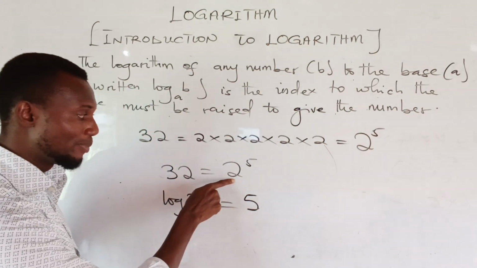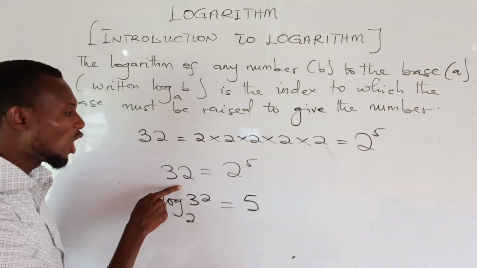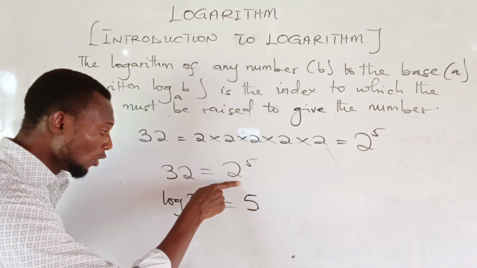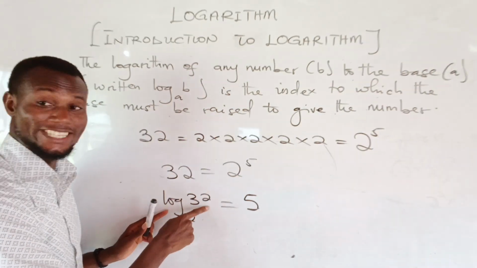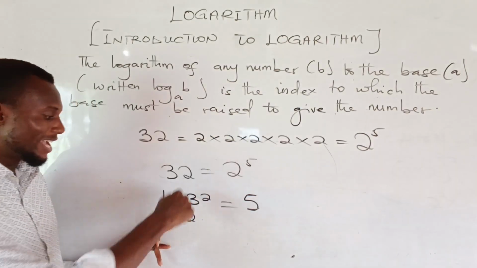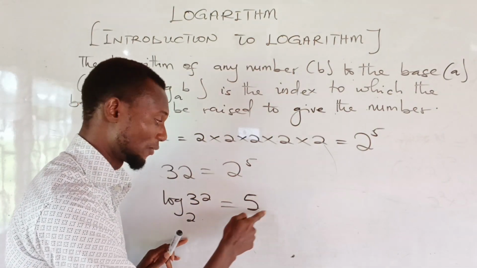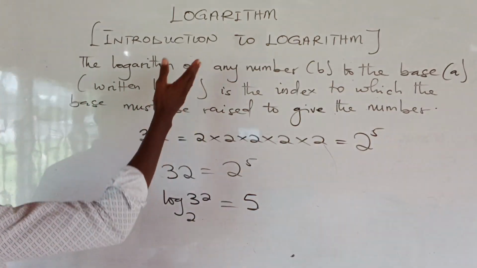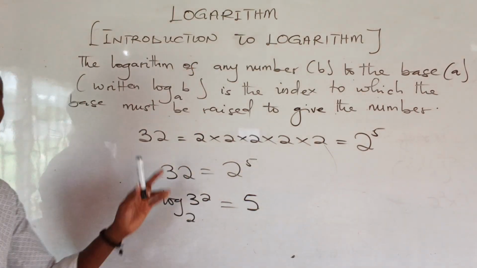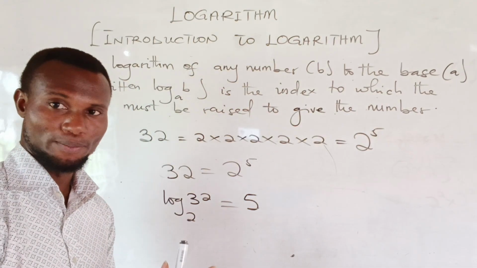So my base here is 2. So the log of 32 to the base 2 should be equal to the power, which is 5. That is the meaning of the definition that I have on the board.